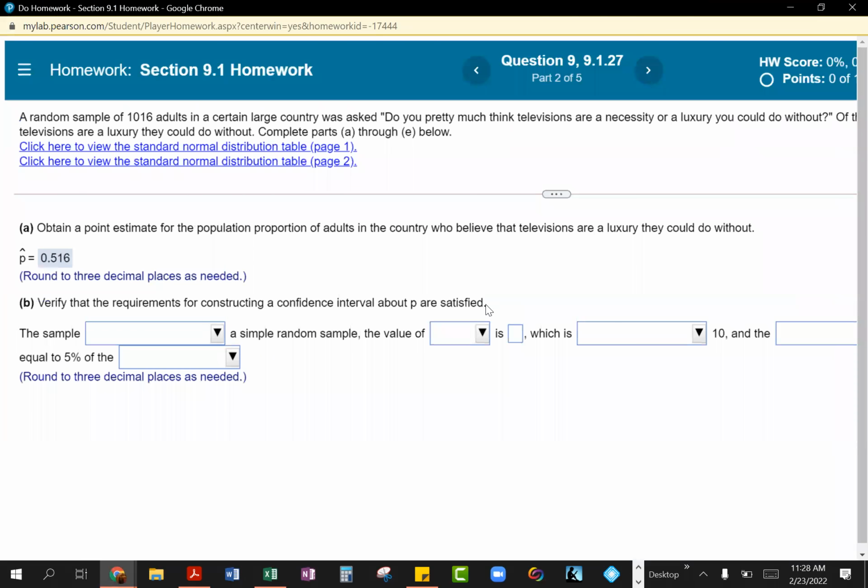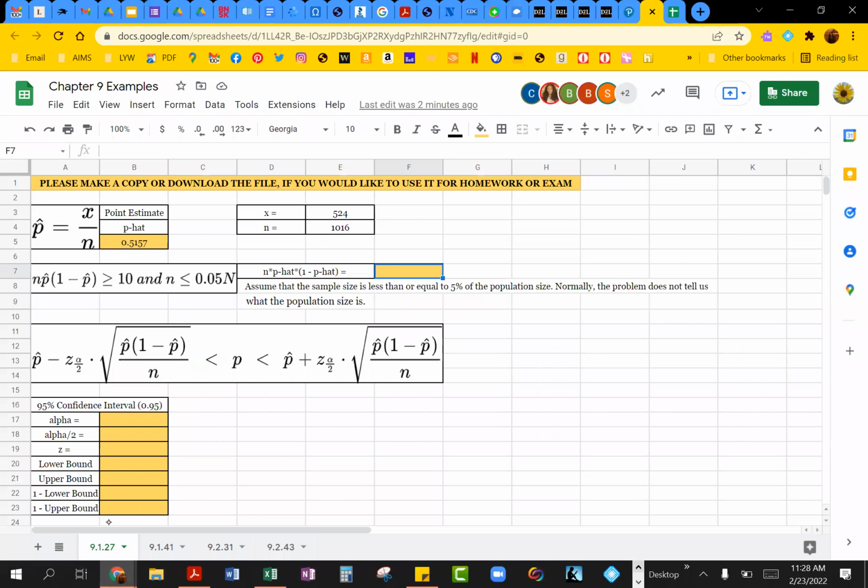For that matter, they're not even telling us which country we're looking at. All they say is that it is a certain large country. So for that 5% population requirement, we're just going to assume that we meet that requirement. You will see in this box, I'm telling you, assume that the sample size is less than or equal to 5% of the population size.